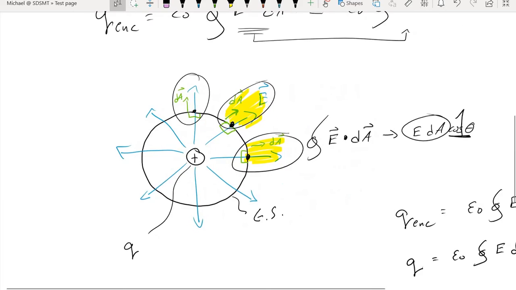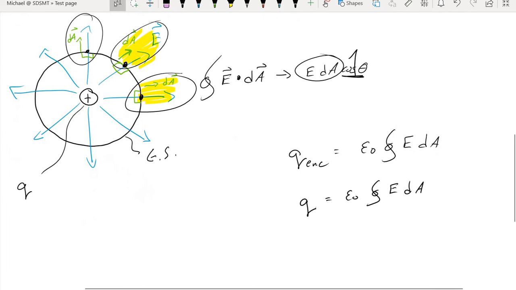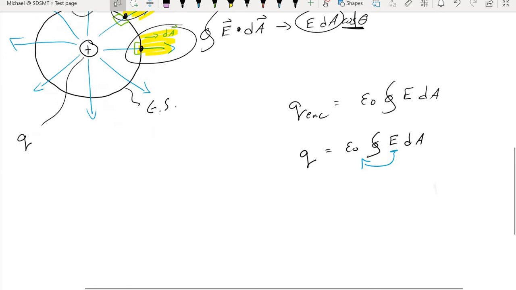If we apply that idea to the integration we're about to do, then if the electric field is a uniform value, it can be brought outside of the integral.